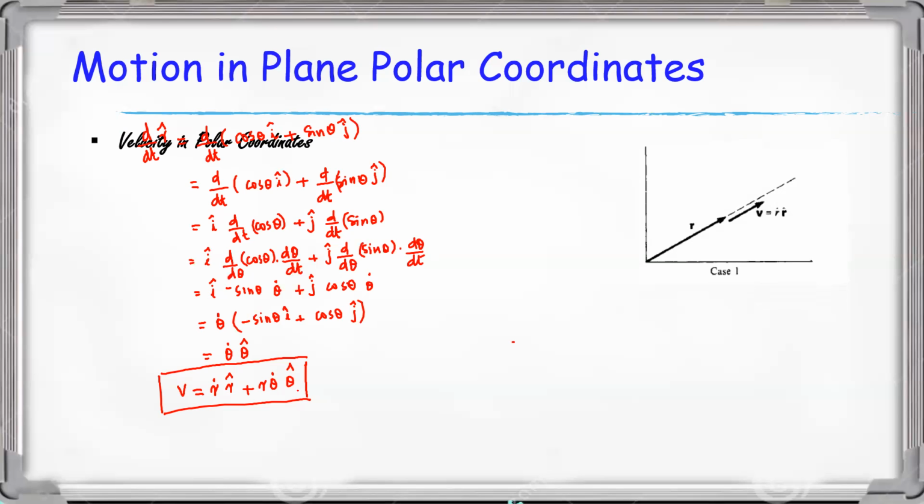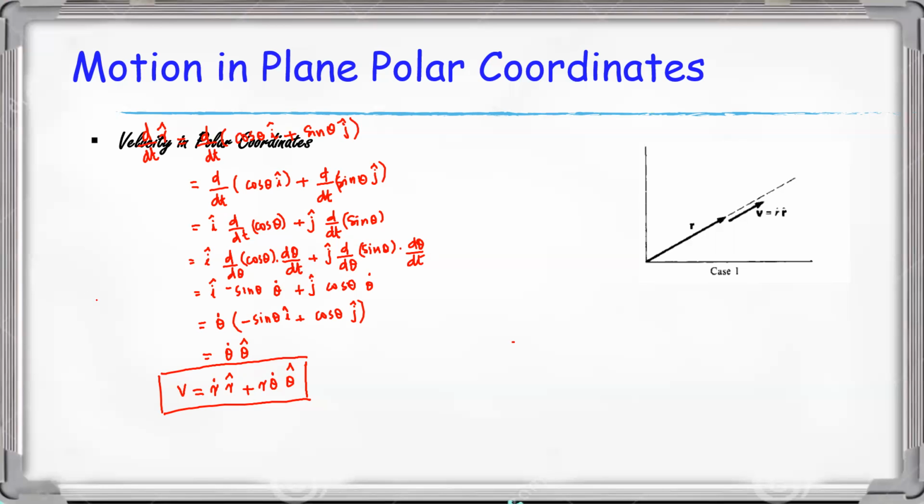So the graph must be like this, because the velocity is radial, because when theta is a constant, theta dot must be 0. So we have a one-dimensional motion in a fixed radial direction.